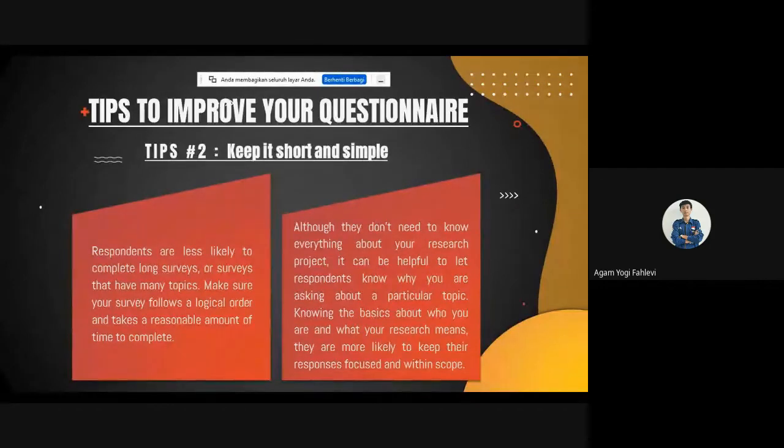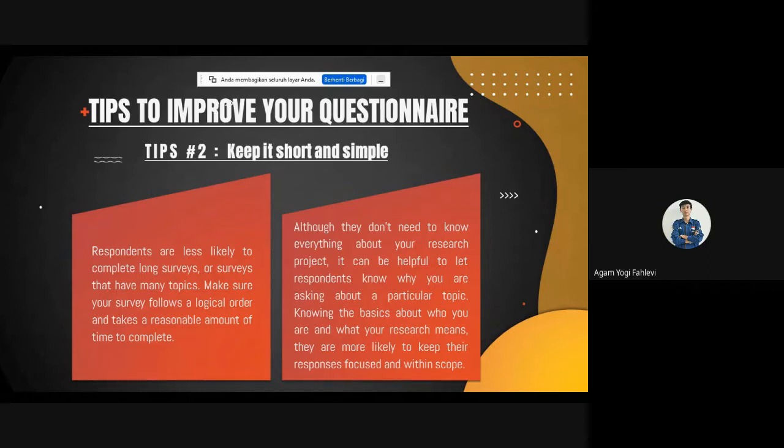And tip 2, keep it short and simple. Respondents are less likely to complete long surveys or surveys that have many topics. Make sure your survey follows a logical order and takes a reasonable amount of time to complete.